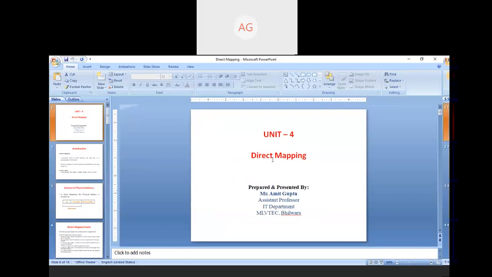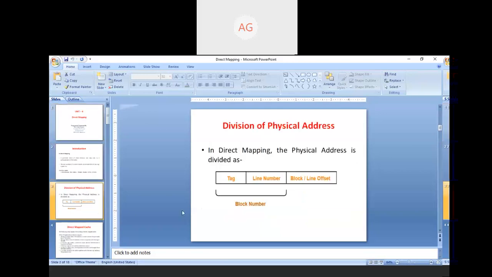Now in our last class, we started solving the numericals which are based on direct mapping. So in today's class also we are continuing to solve the numericals which are based on direct mapping and fully associative mapping. So all of you remember this diagram which is used for finding the physical address of direct mapping.